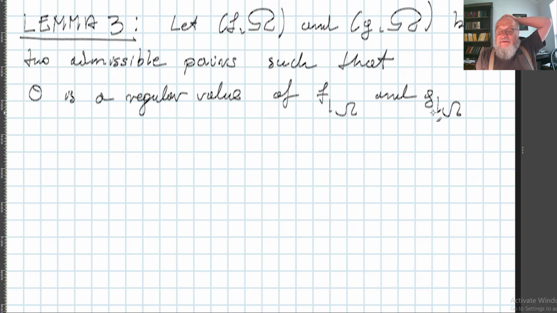So what it means in this case is that f and g are C infinity and 0 is a regular value of both of them.